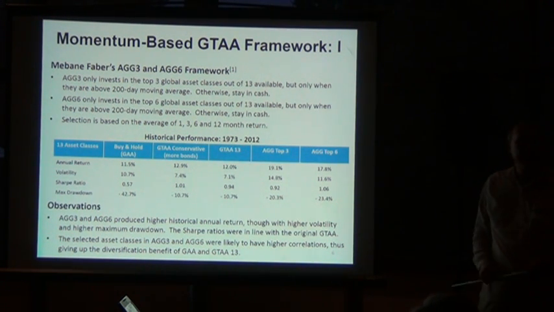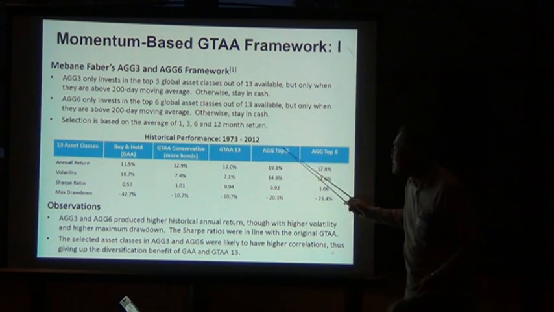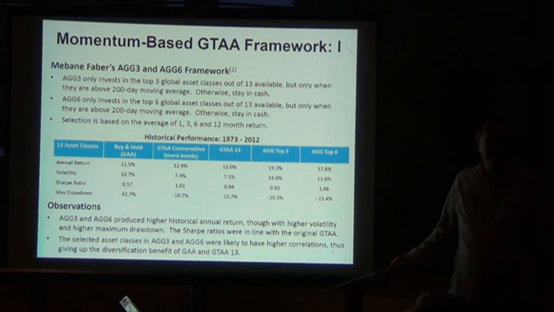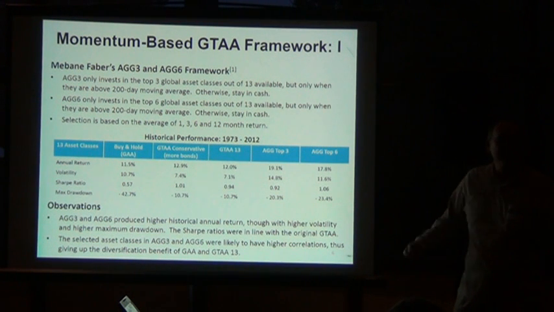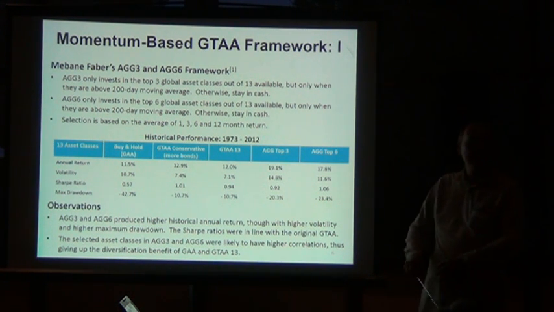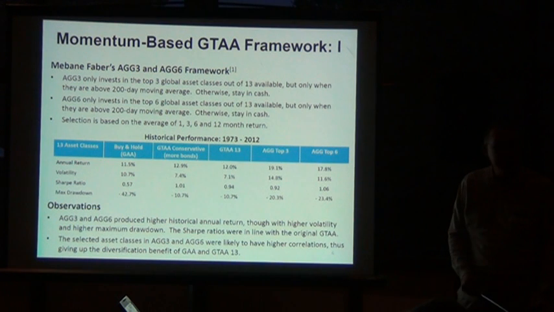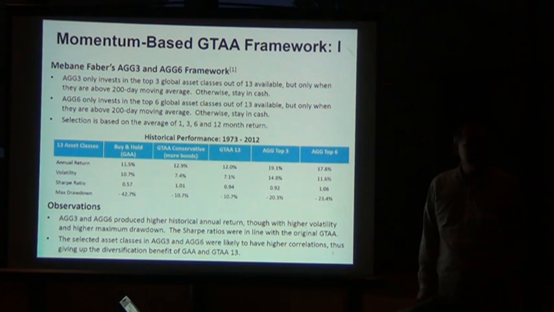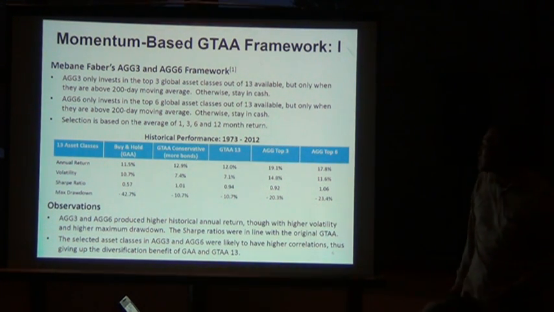What I'm saying is that the top 3 selected, in most cases, could be all fixed income or all stock, and they are highly correlated, and therefore you are giving up the benefit of diversification.